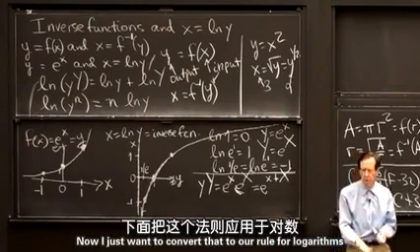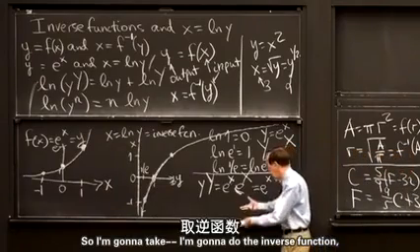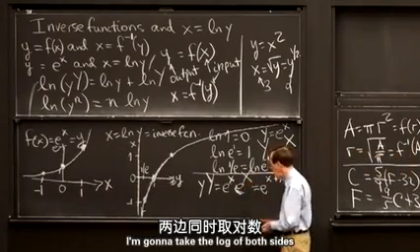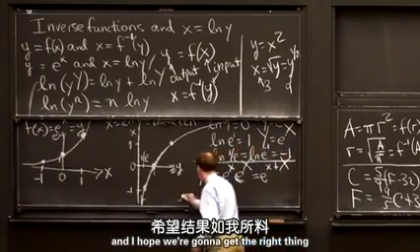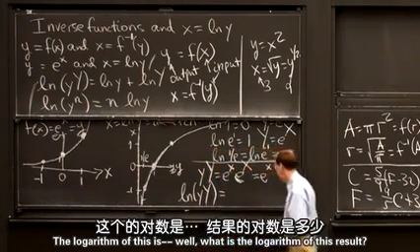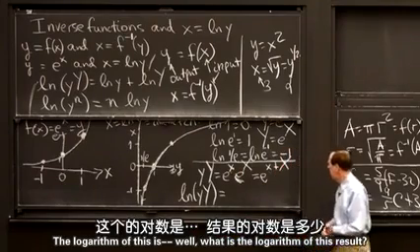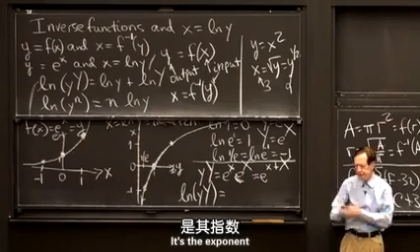Now I just want to convert that to a rule for logarithms. So I'm going to do the inverse function. I'm going to take the log of both sides, and I hope we're going to get the right thing. What's the logarithm of this result? It's the exponent.